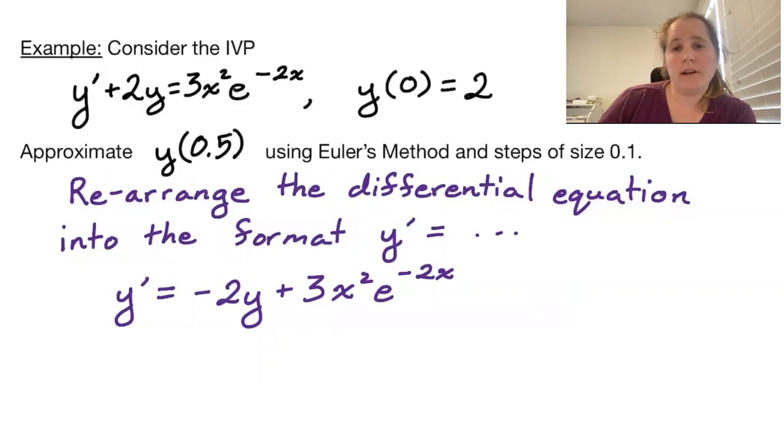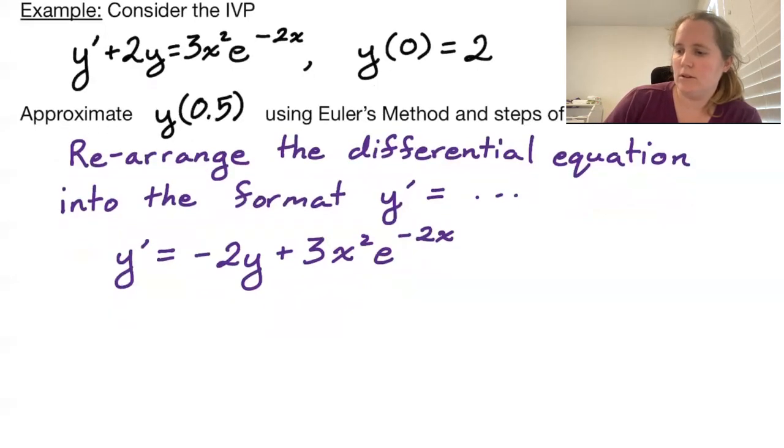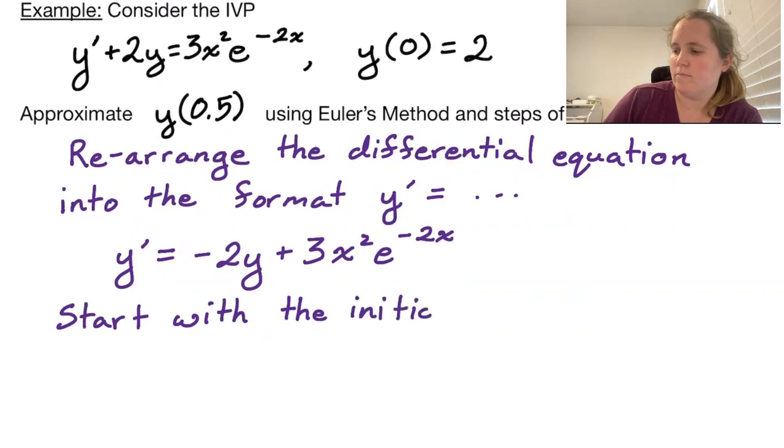Now we're going to start at the initial condition, 0, 2. So we'll start with the initial condition, y of 0 is equal to 2.